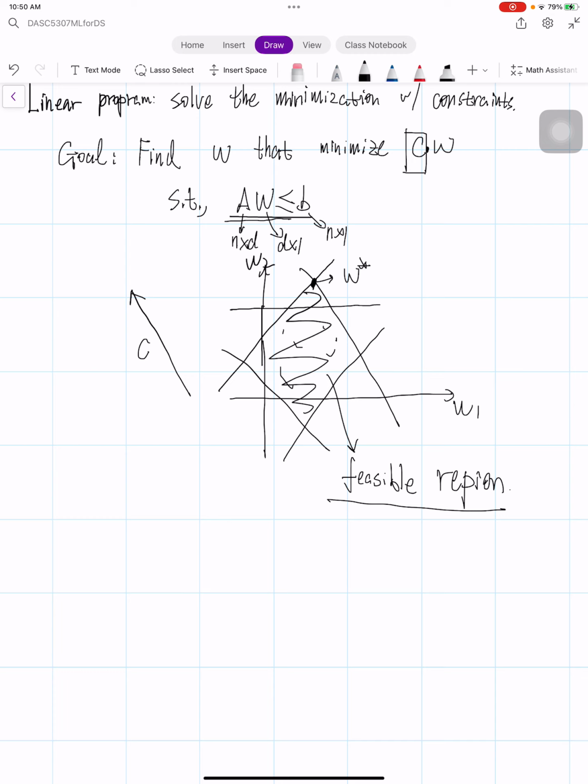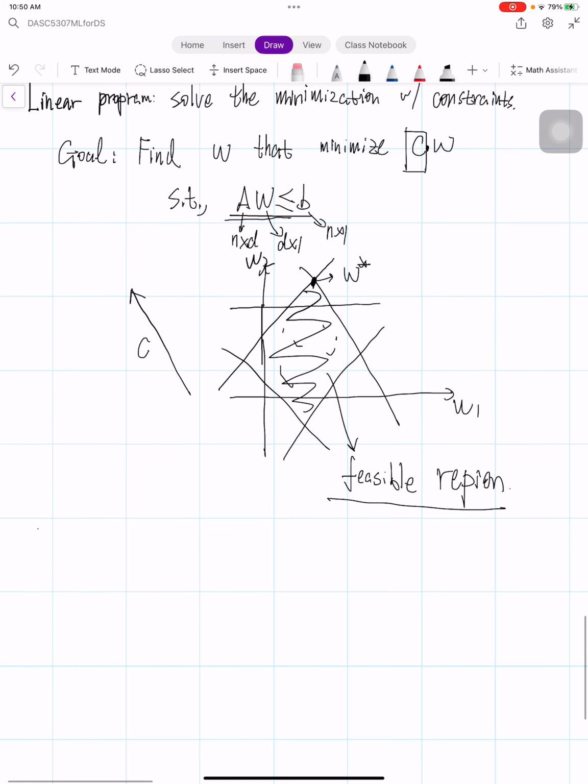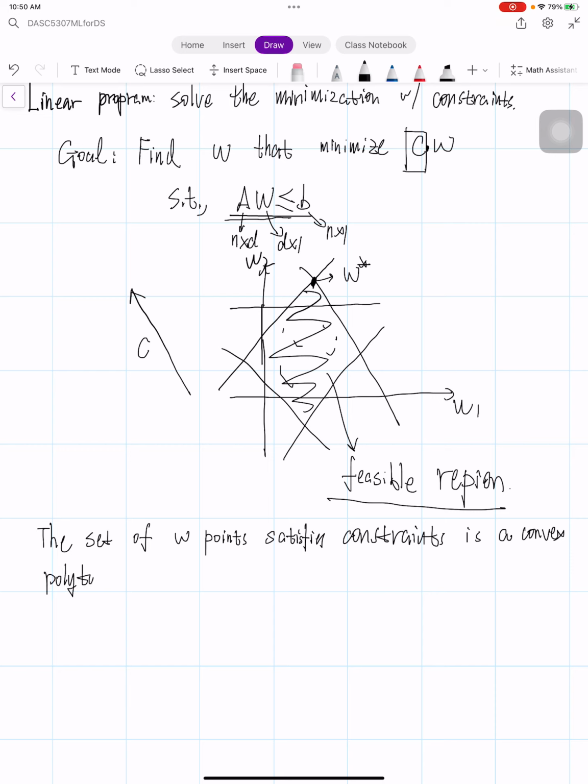It is the set of W points that satisfy all constraints, and it is a convex polytope. A polytope is a higher dimensional polygon.